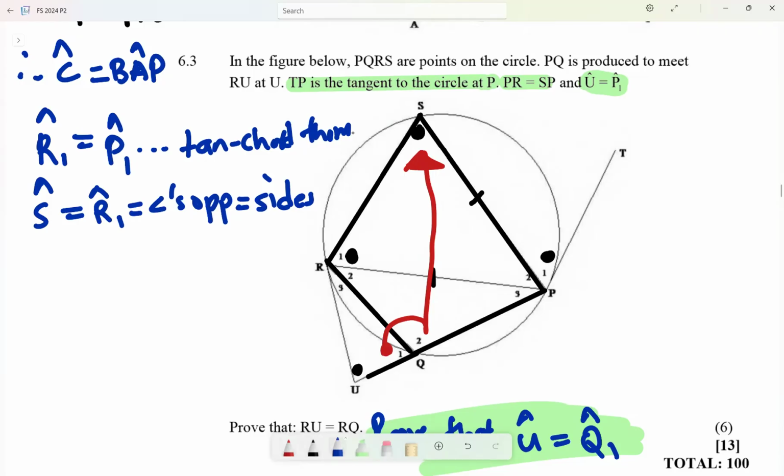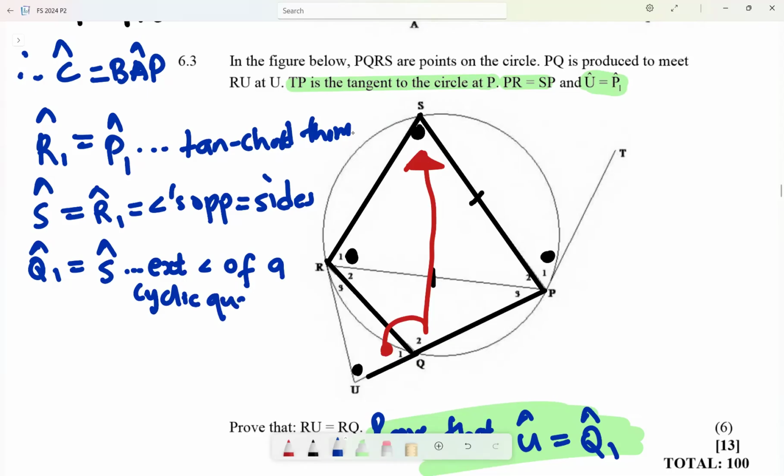I mean angle Q1 will equal angle S. Why? Exterior angle of a cyclic quadrilateral. Cyclic quad. Good.